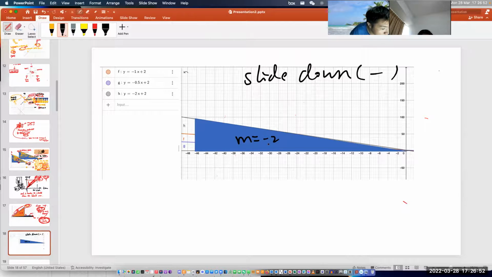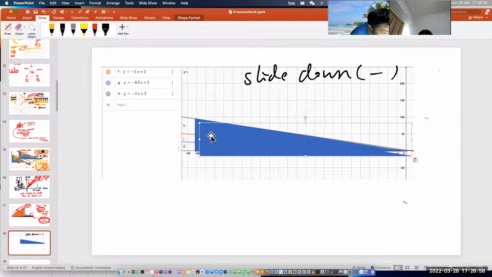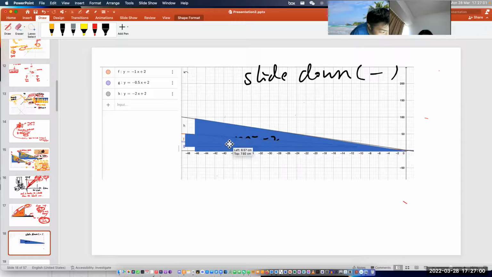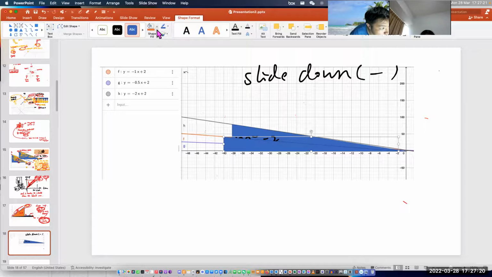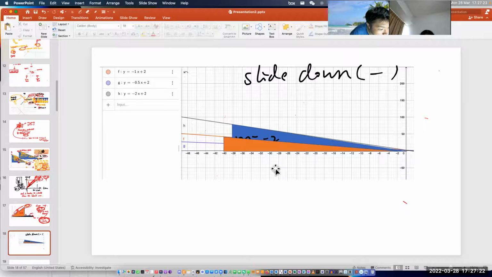Then this is your m equals -2, then compare to your -1. So -1 is below. So this is your -1. Okay, let me just make it smaller. Yeah. So this is -1. Change the color. Okay.